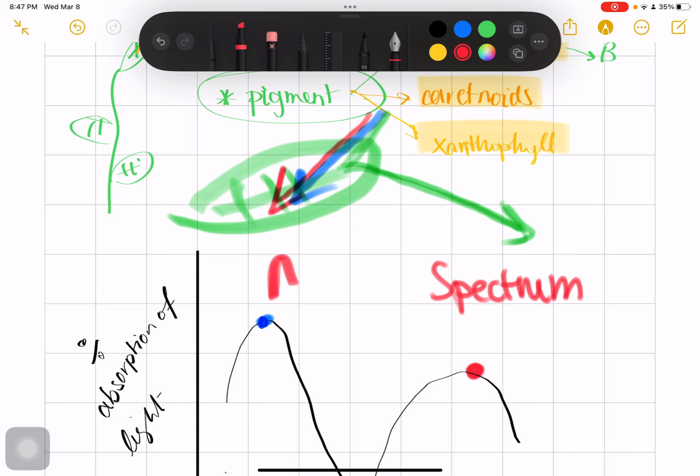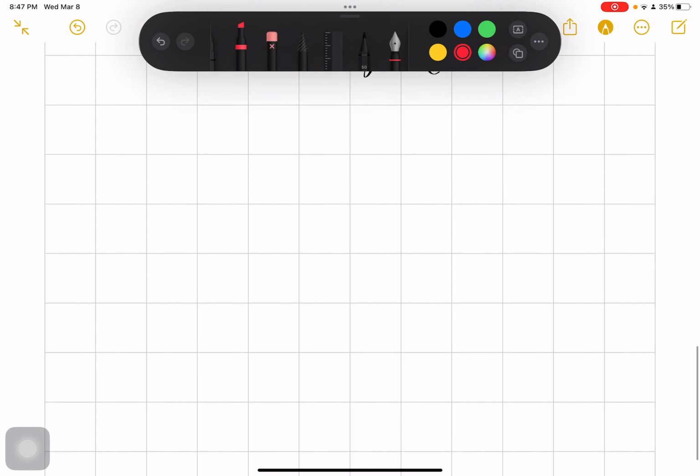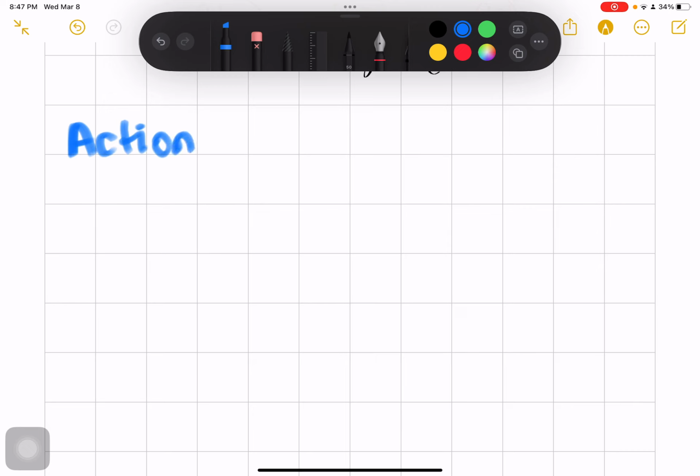That is the absorption spectrum. I'm deeply sorry. Delete that screenshot and take a screenshot again. All right, now moving on to the absorption spectrum. I'm sorry, the action spectrum. Now I'm confused. Action spectrum, but I'm sure of what I'm saying. Don't worry. Very credible source here.